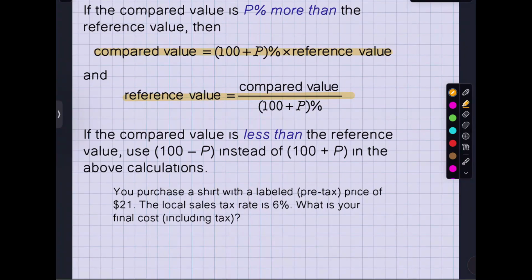If you purchase a shirt with a labeled pre-tax price of $21, the local sales tax rate is 6%.